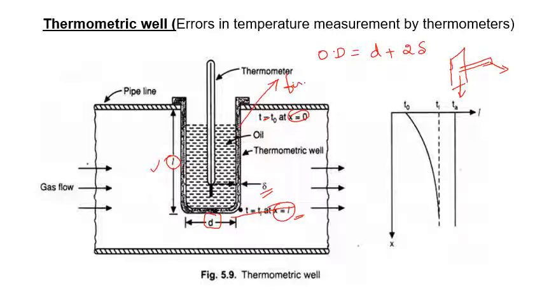here we have taken in the derivation, if you remember, the base temperature is taken as T naught. Similarly, at x equal to 0 the temperature is T naught, and at this point we are taking temperature equal to TL, right? TL. So the gas or the fluid is flowing here with the fluid temperature TF.